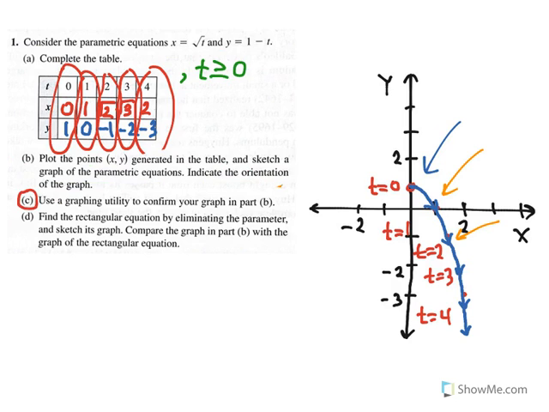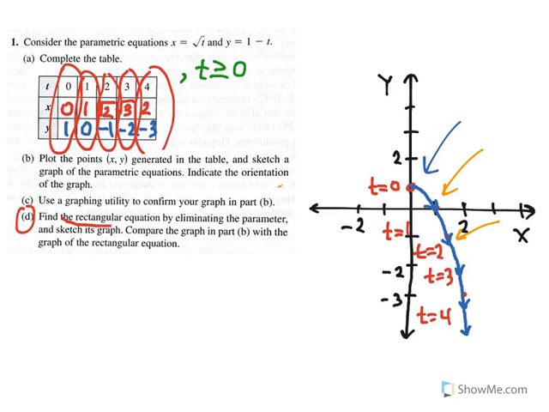We will be focusing on using graphing utilities in a later lesson, so we will skip part C for now. If you would like to, you can try to do that. And let's take a look at part D. So part D will help us with our second objective, which is to eliminate the parameter in a set of parametric equations to get a rectangular equation which would give the graph.